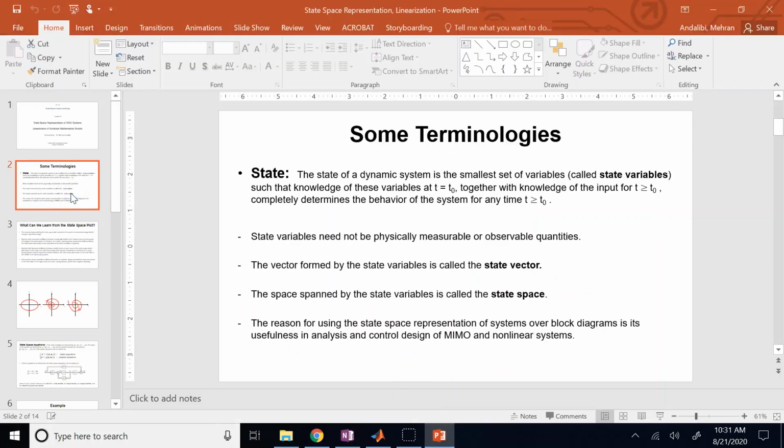So the first thing that we need to know is state. What is state?